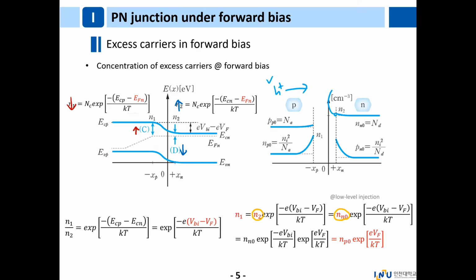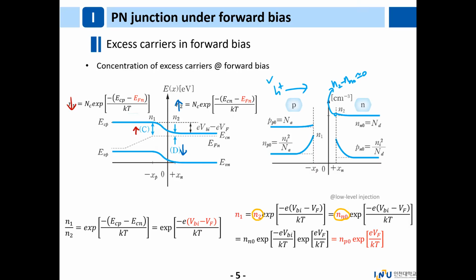So N2 minus N0 is almost 0, which is the electron concentration in equilibrium, so it can be ignored.